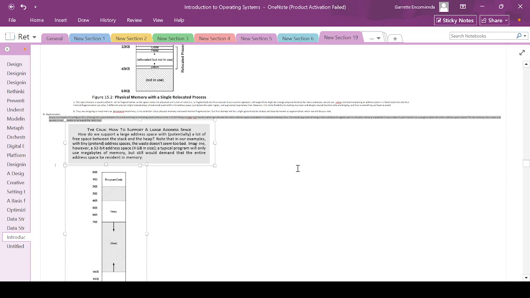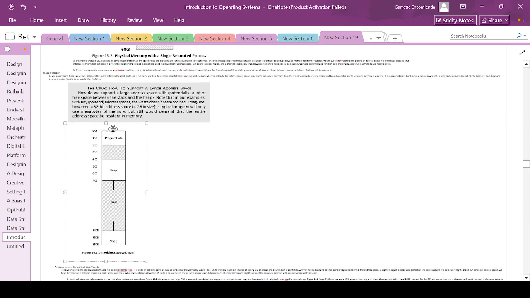So we were able to provide this magnificent illusion, but it's not memory efficient because there's unallocated space. The crux: it also makes it quite hard to run a program when the entire address space doesn't fit into memory. Thus, base and bounds is not as flexible as we would like.